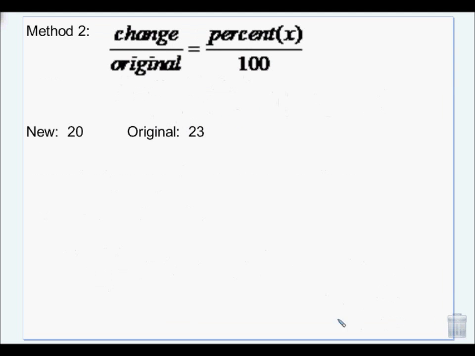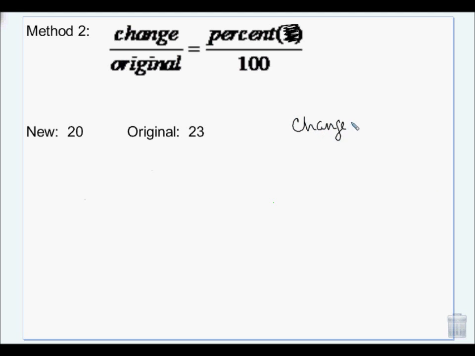I'm just, like I said, going to show you both methods. The other method you can use, you can do change divided by original is equal to percent over 100. Okay? So change over original. Well, if my original was 23 and my new is 20, what's my change?